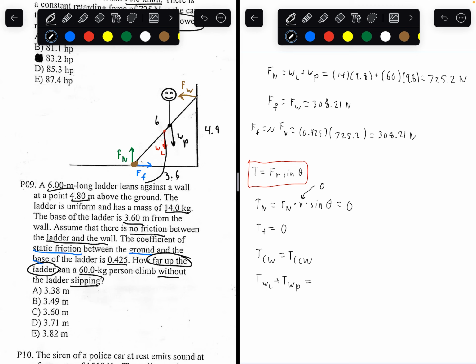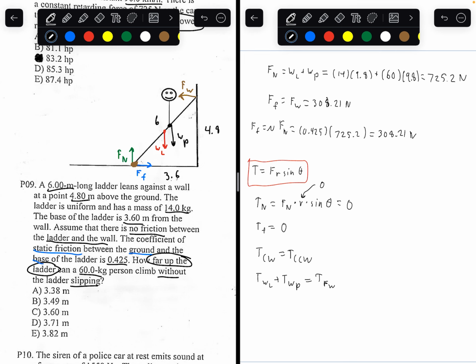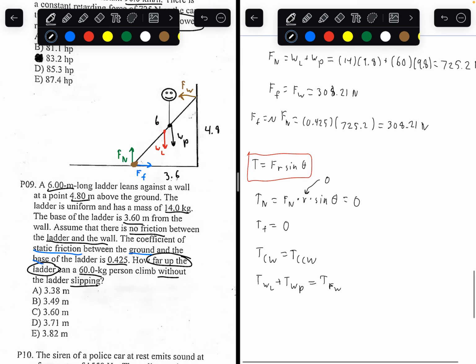If you point down, you would get a clockwise rotation for both of these. And the counterclockwise would be the force of the wall, because the force of the wall would go in a counterclockwise motion. So the torque of the force of the wall. So let's calculate all these torques using the formula I boxed in red.